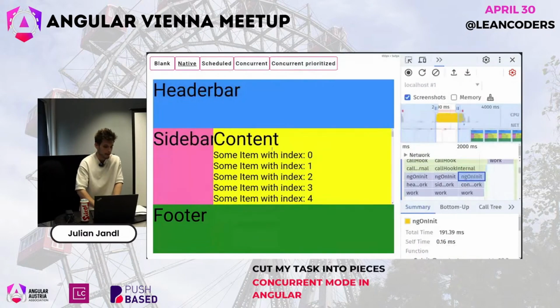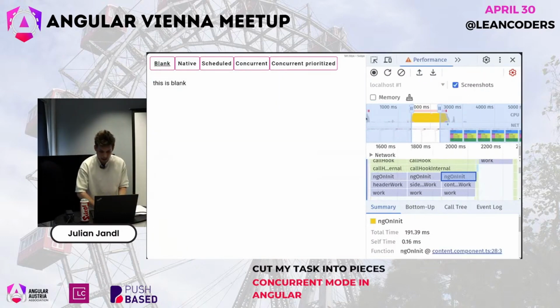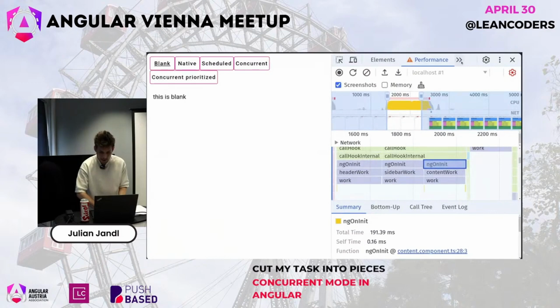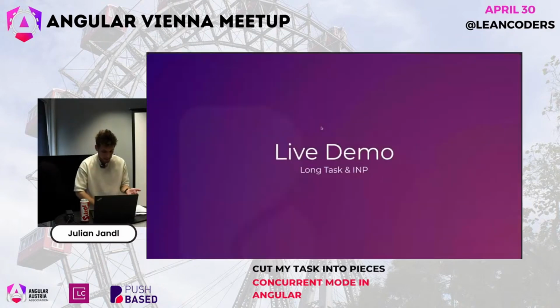So we have for the header, for the sidebar, for the content, and for the footer, one individual piece of work that needs to get executed at a single point in time, because you bootstrap the whole component, everything gets bootstrapped immediately, and we see a big hit on INP here. Again, if I open the console, we can see this over 1 second point in time.